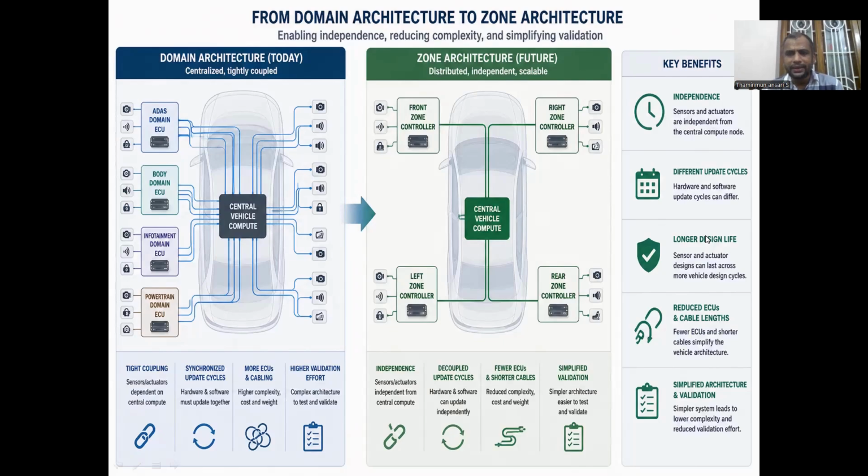Reduced ECU and cable length, that we already discussed. And then simplified architecture and validation. So these are the key benefits that we get when we go for zonal architecture.